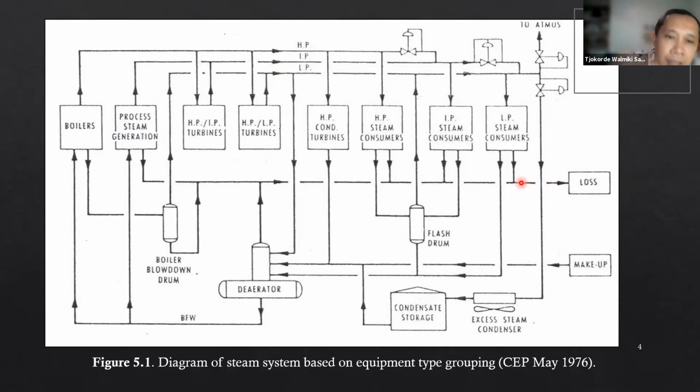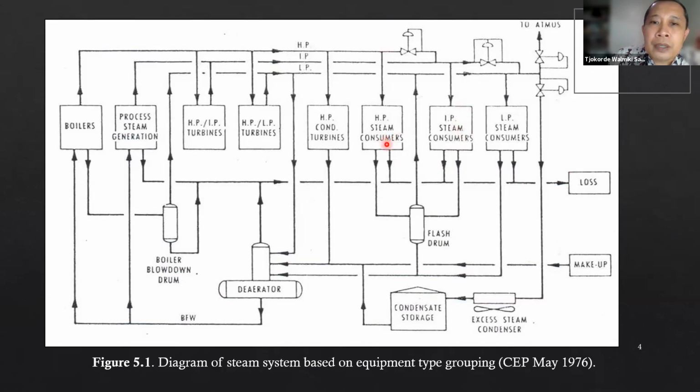So just as in any other recycled streams, we need to have a purge line to avoid the accumulation of impurities. Okay, and the one that is purged is typically the liquid water. The condensate is being purged, not the steam. Ya, jadi biasanya yang di purging itu ke lingkungan itu bukan steam, tetapi air.